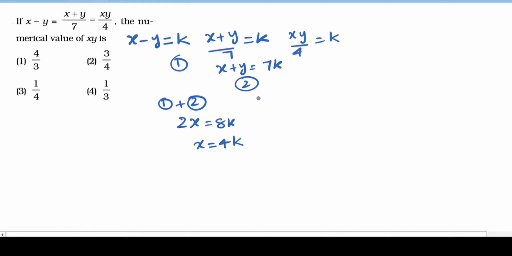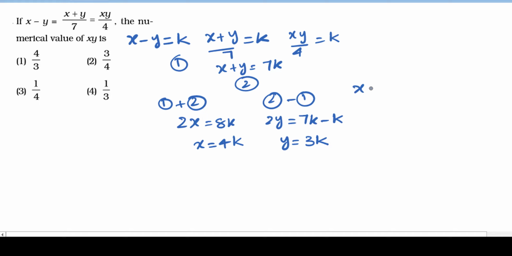That's right, we subtract equation 1 from equation 2. So here we get 2y, x gets cancelled, and here we get 7k minus k. So 2y is equal to 6k, so y becomes 3k.